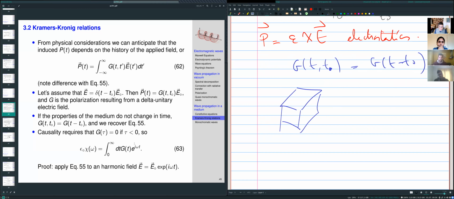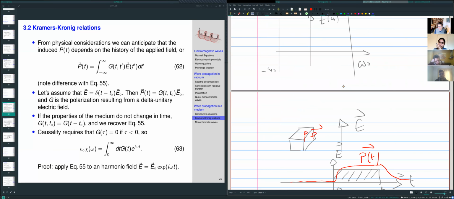Then again we make the causality argument. Going back to question 62, we require this kernel to be 0 for future times, because the polarization at some time t cannot depend on the future.